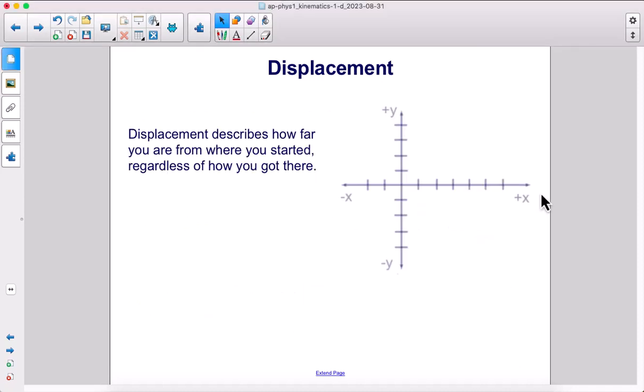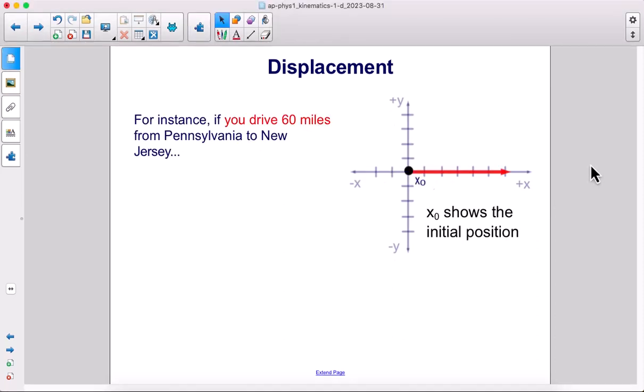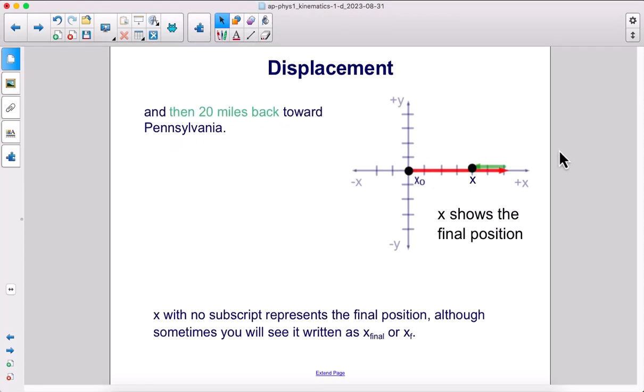Displacement describes how far you are from where you started, regardless of how you got there. For instance, if you drive 60 miles from Pennsylvania to New Jersey, so we have our initial position here, x naught, and we're going to drive 60 miles east. And then you drive 20 miles back towards Pennsylvania.